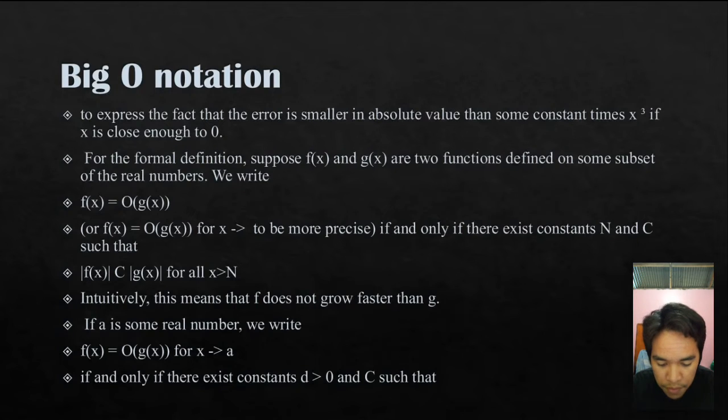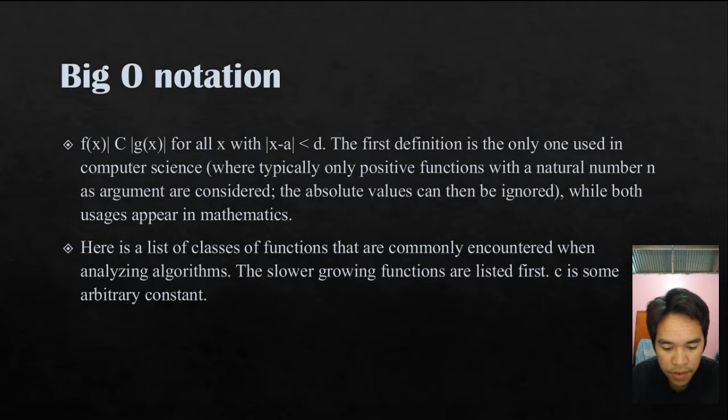If a is some real number, we write f(x) = O(g(x)) for x to a if and only if there exist constants d greater than 0 and C such that |f(x)| is at most C|g(x)| for all x with |x - a| less than d.